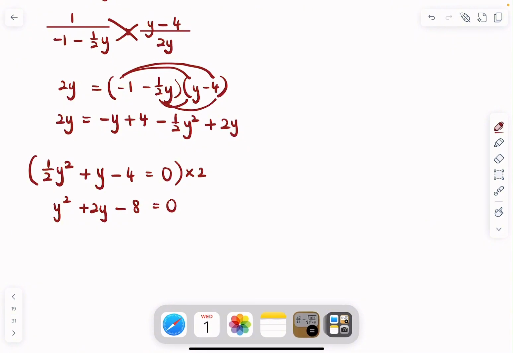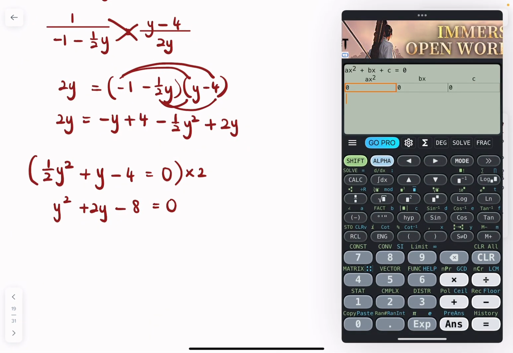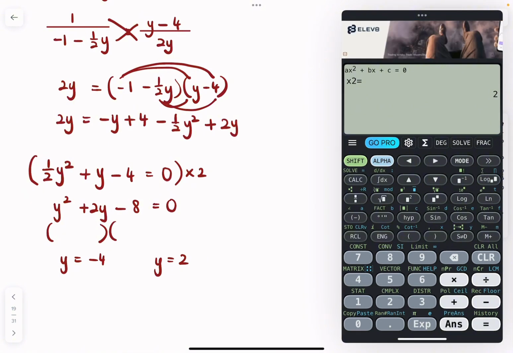Then we can factorize this. A is 1, B is 2, C is negative 8. So we get y is negative 4 and y is 2. So putting in the bracket, we'll get (y plus 4)(y minus 2).